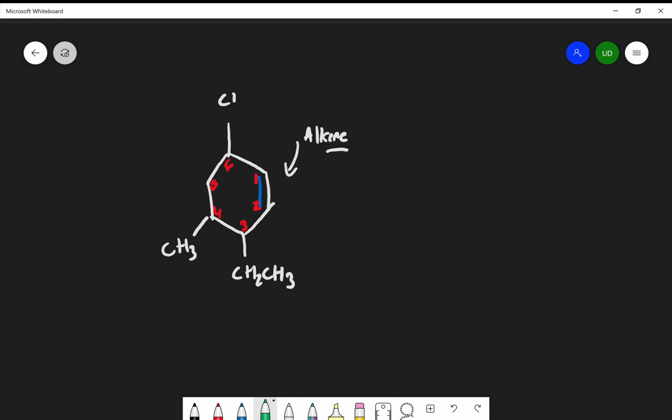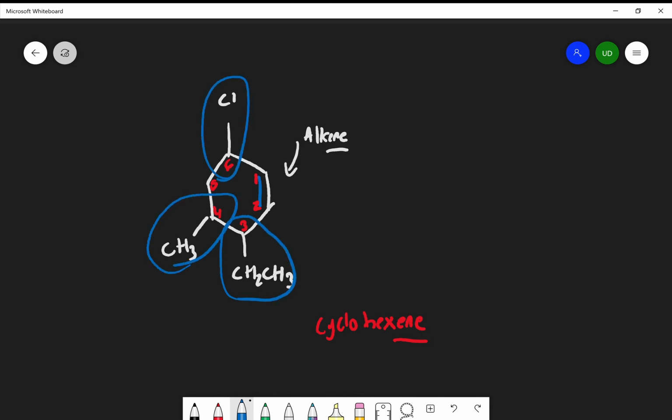Okay. So since we have 6, we know our parent group is cyclohexene. The ending changes because there's an alkene present. So now we get to circle our substituents. We have 1 on 3, we have 1 on 4, and we have 1 on 6.